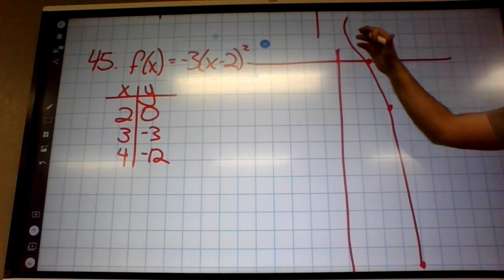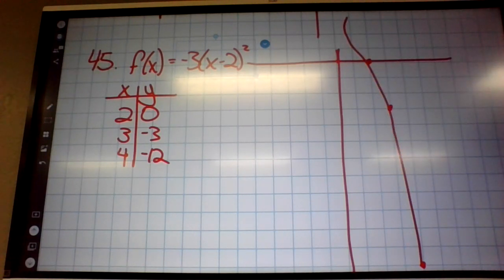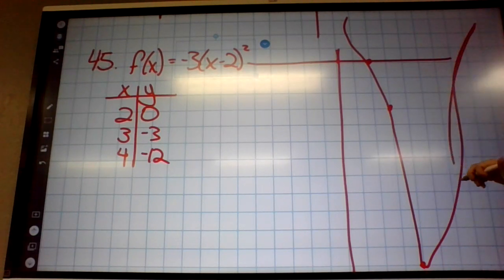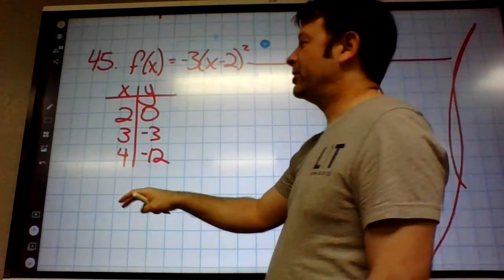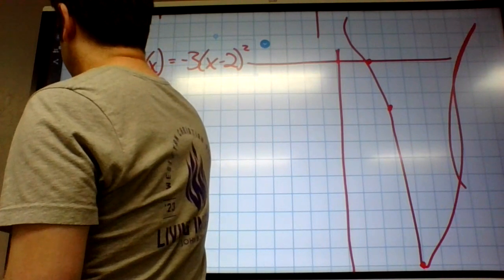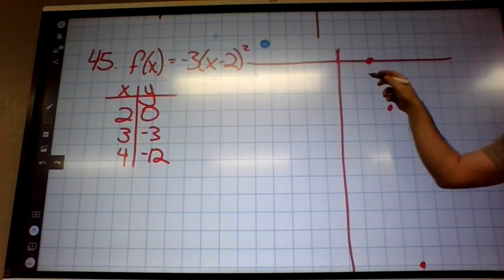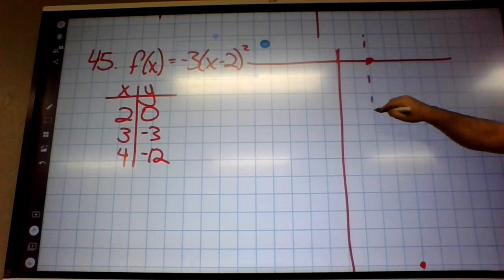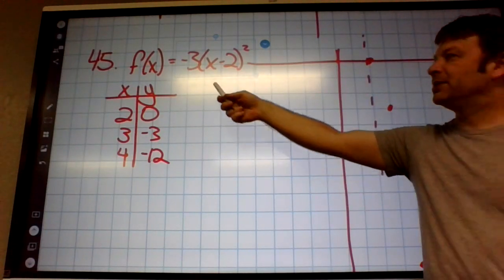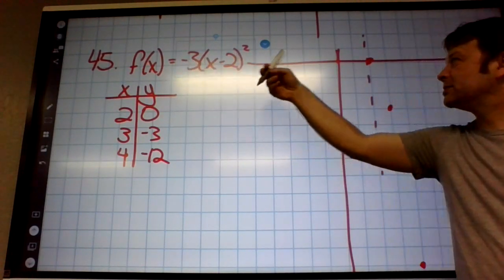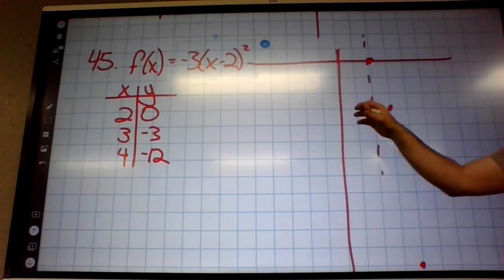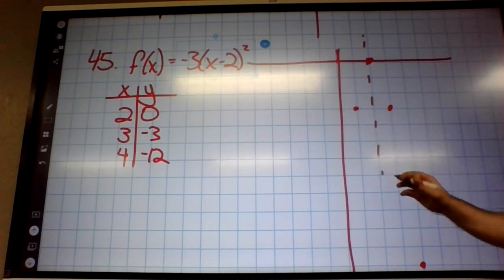Like this. No, what did I do wrong? It's backwards. Well, okay, the first point I graphed was the vertex, right here. That's the middle of the graph. The graph is going down. So anyway, these points reflect over here.